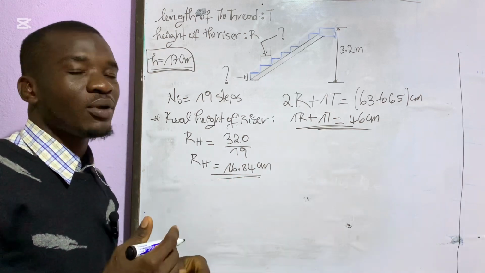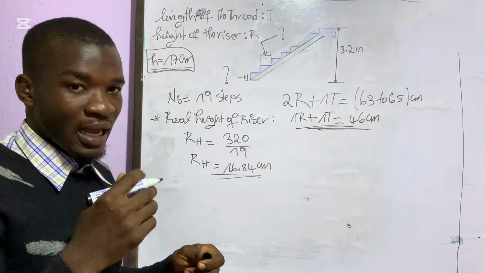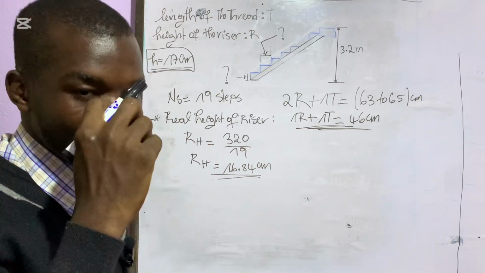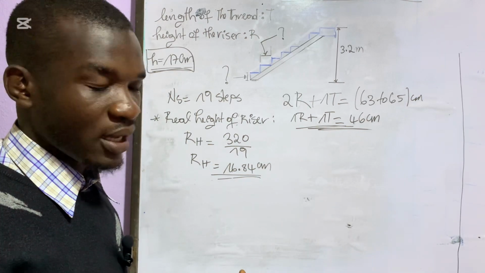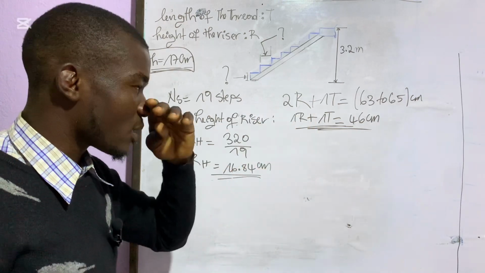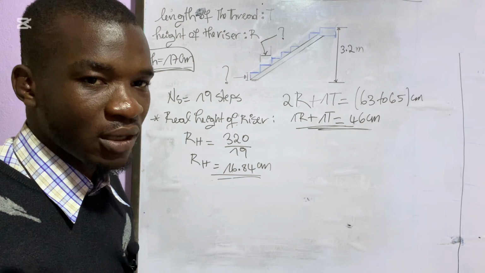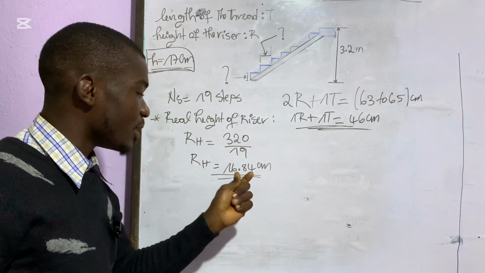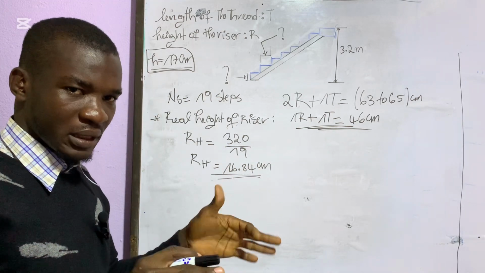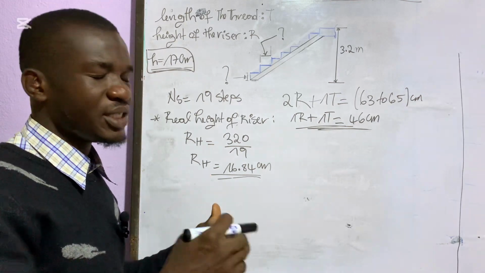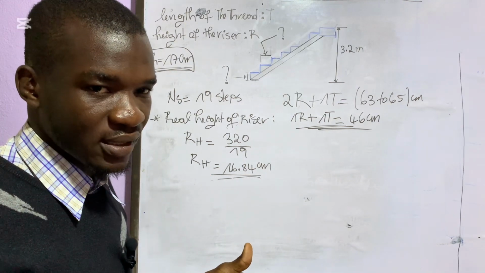But these values are all decimal numbers, and you know on site it's not that easy to measure those decimal numbers. So this is where we come in with the Blondel formula, not only to check the comfort but also to enable us to round up to usable numbers, because this is where an engineer is different from the scientist student.